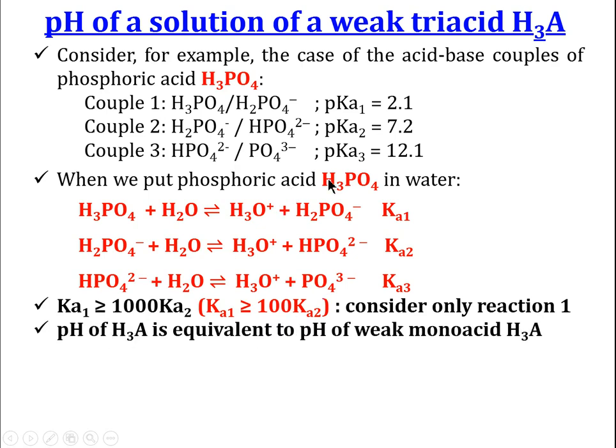So the pH of phosphoric acid in water is as the pH of H3PO4 that dissociates to H2PO4 minus. So H3A can be considered as weak monoacid. So now the problem returns to the calculation of the pH of weak monoacid.